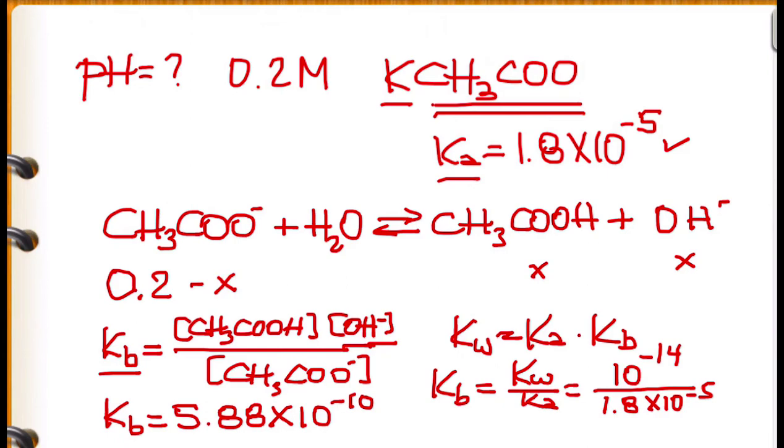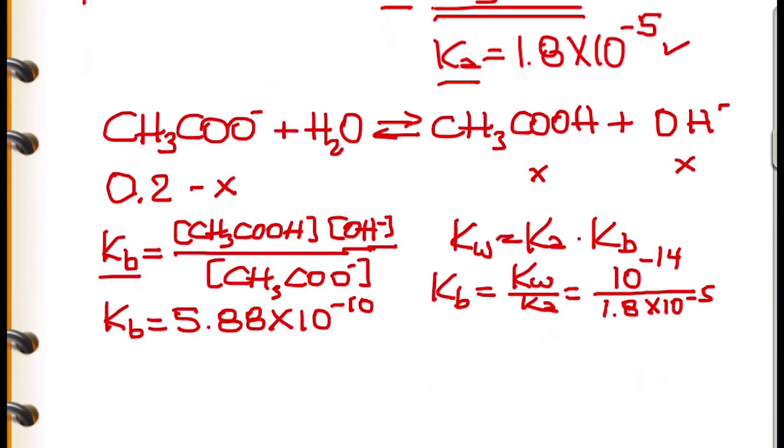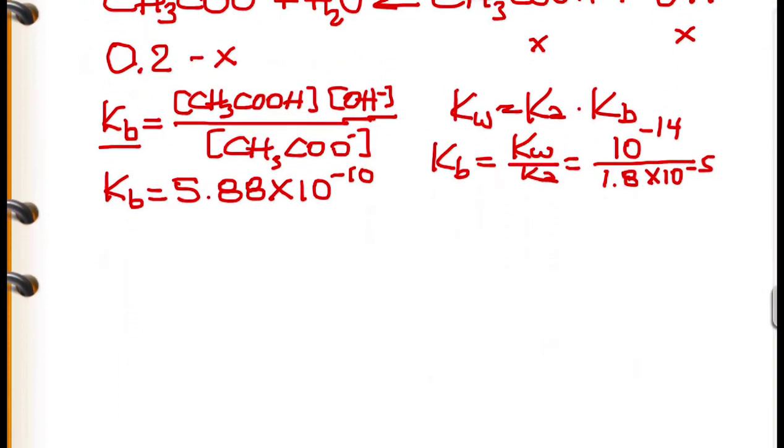So let's scroll up a little bit here to have more room. And now we have Kb. So let's plug in these numbers in this equation, right? From here, we have Kb equals, what's the concentration of acetic acid? It is X, right?